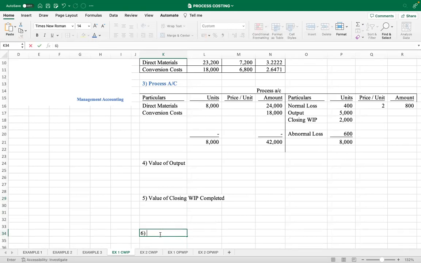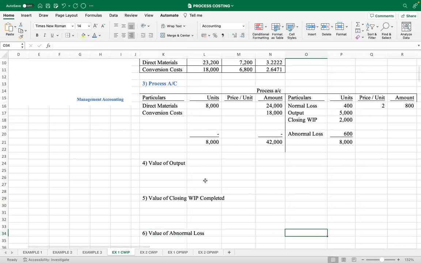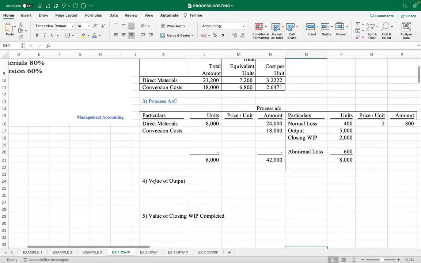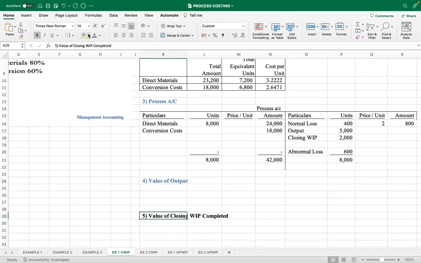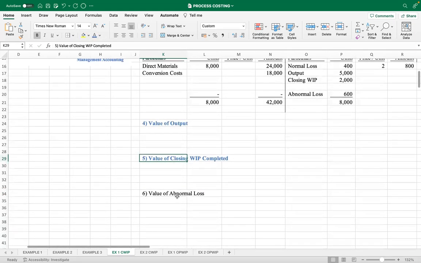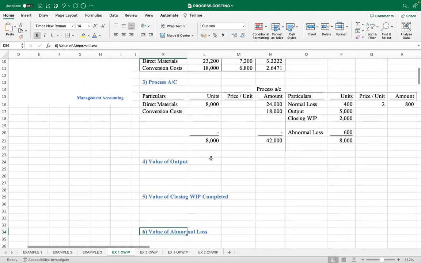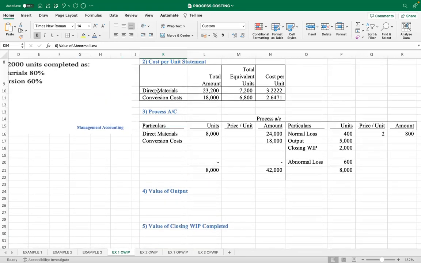Number 6, value of abnormal loss. So you need to get all these values. We'll start with value of output, then we go to value of closing work in progress, and then value of abnormal loss. So let's start with the value of output.